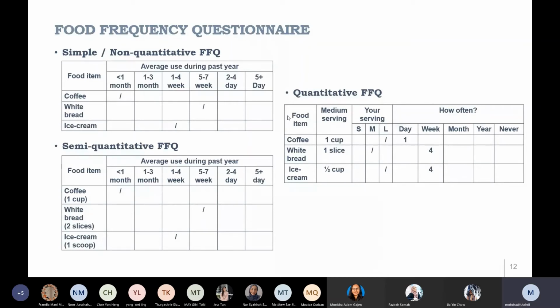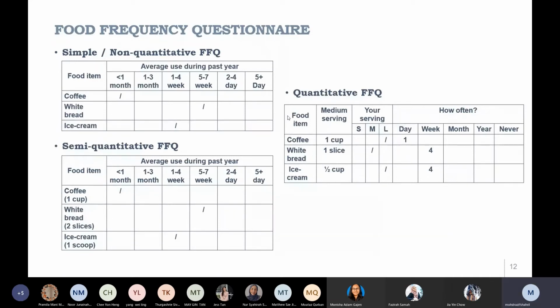So that is allowable. That is just a minor modification. While you maintain the overall food items from the original FFQ, but if you change all the food items, then you need to validate it before use.